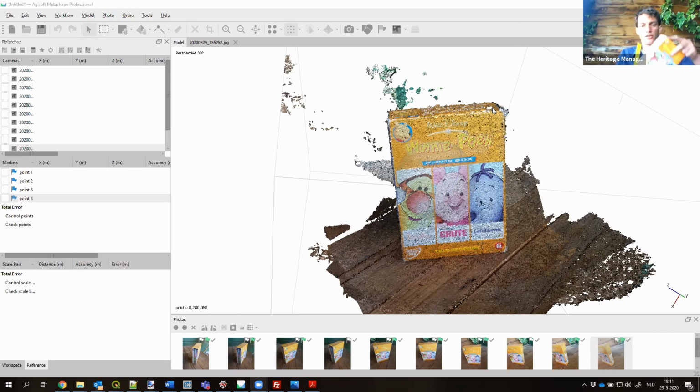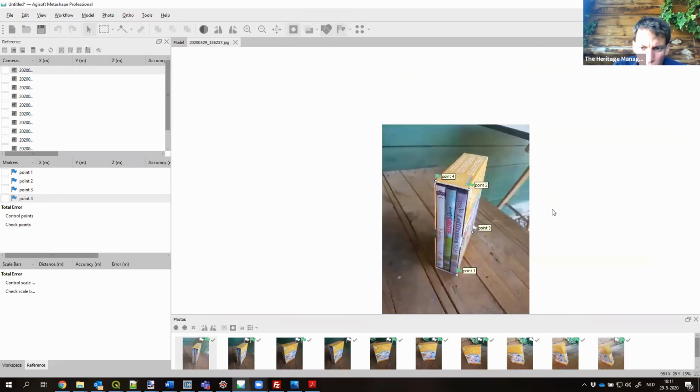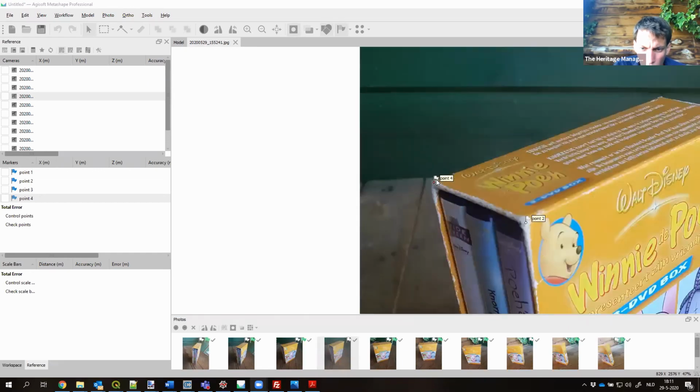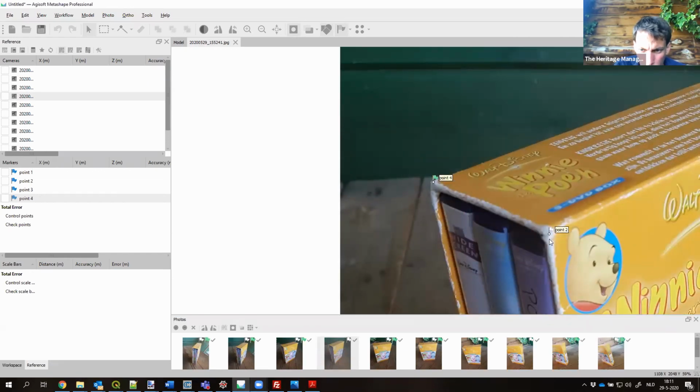And for the height of the box, so from here to here, I measure a distance equal to 19.5 centimeters. So what I will do now, I already assigned 4 points. Let me take this photo. I already assigned 4 points to the corners of the box.